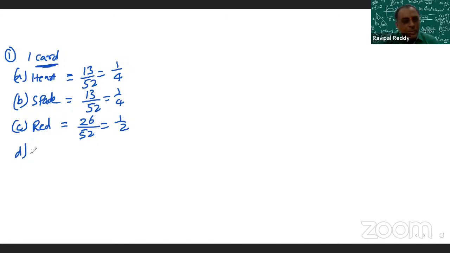Question D. The card is a king card. You take one card, the taken card is a king. Then what is the probability?